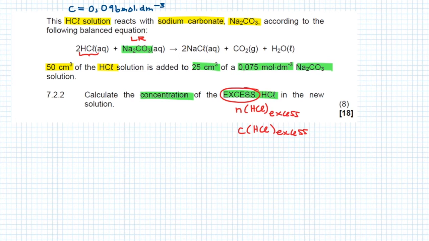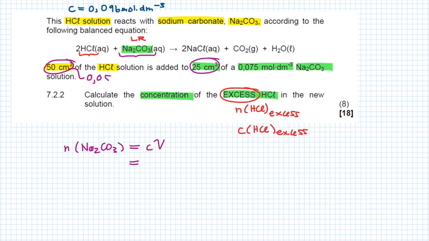So let's start off by determining the number of moles of the limiting reagent. We say number of moles of the sodium carbonate. Please remember, you must include labels so that you don't confuse the marker. Make it easy for markers to mark your work. The volumes here are given in centimeters cubed. I'm going to go ahead and convert it to decimeters cubed by dividing by 1000.